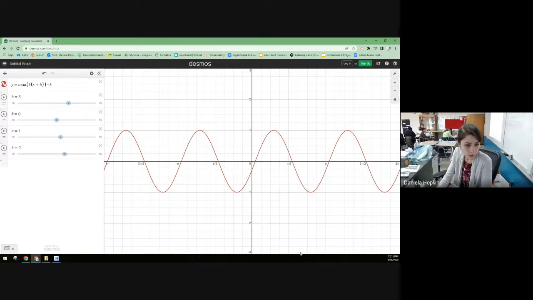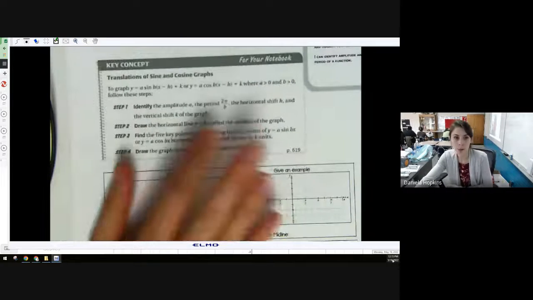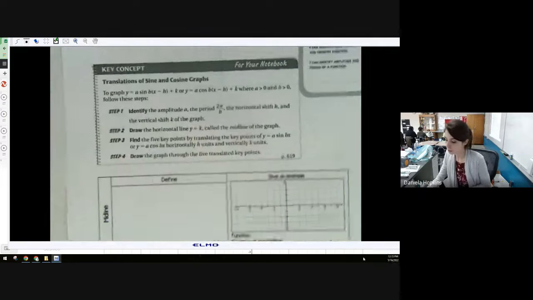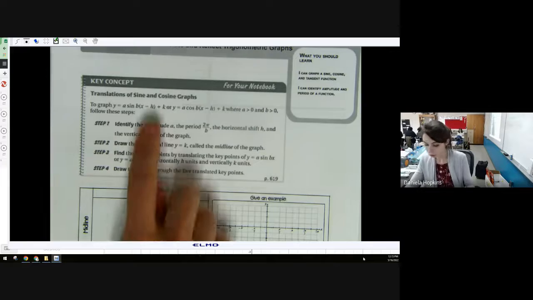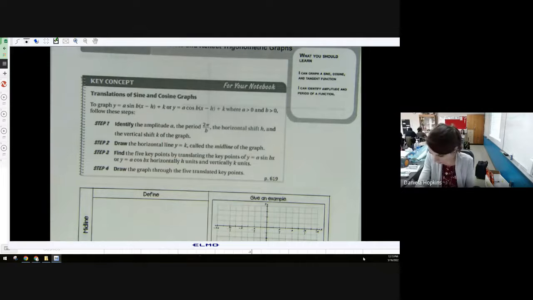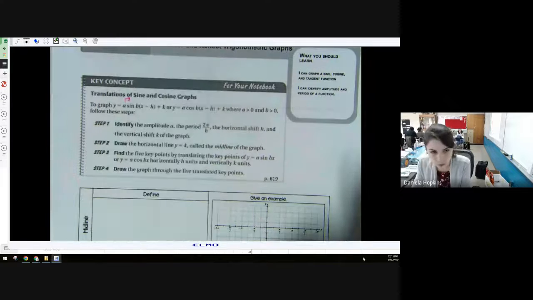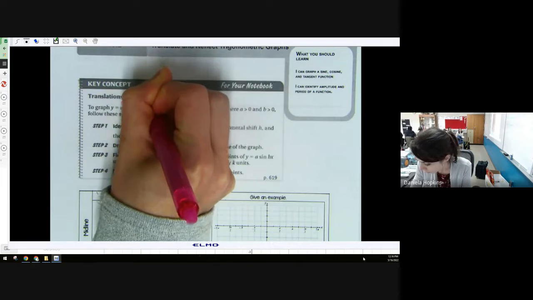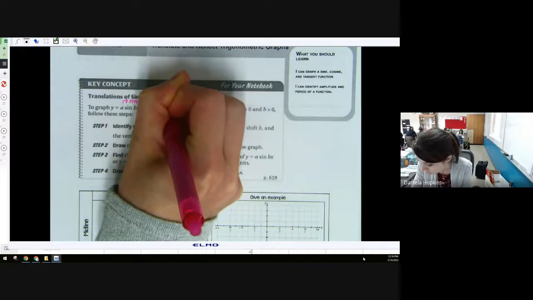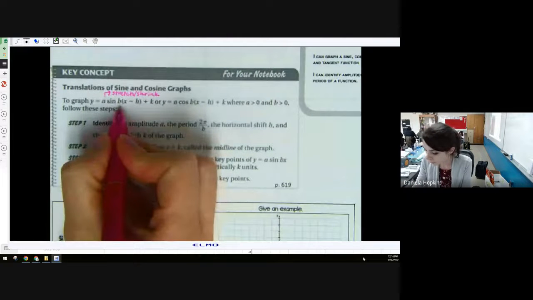So let's look at our notes. This is what the book gave for a breakdown of our different transformations. If I'm just picking this apart, A affects our amplitude, and this would be a stretch or shrink. B affected our periods.